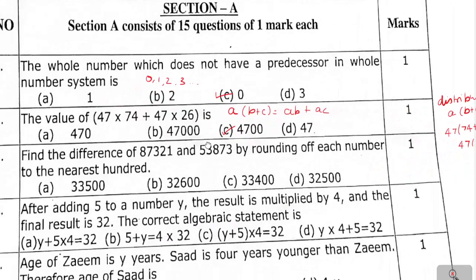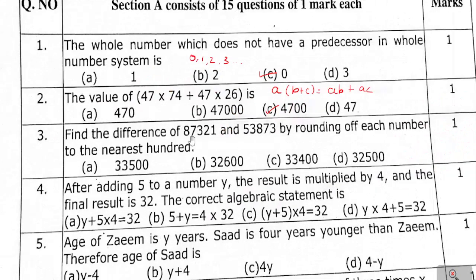The third question, find the difference of 87,321 and 53,873 by rounding off each number to the nearest 100.